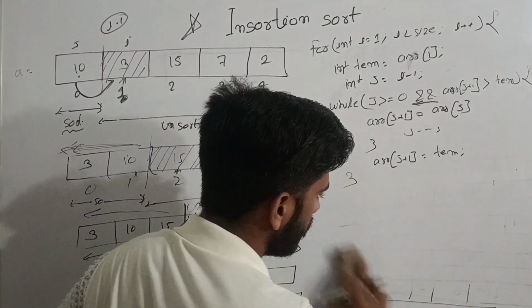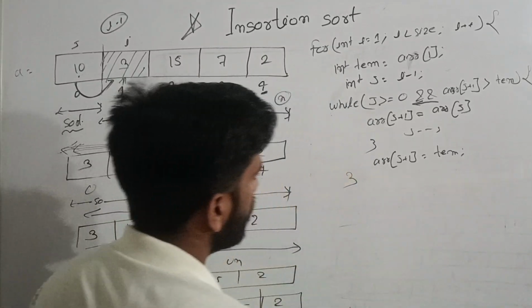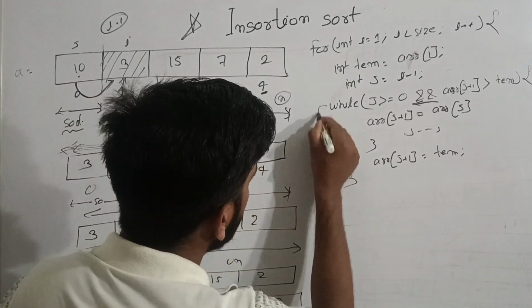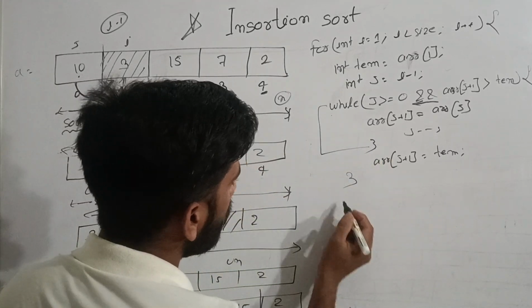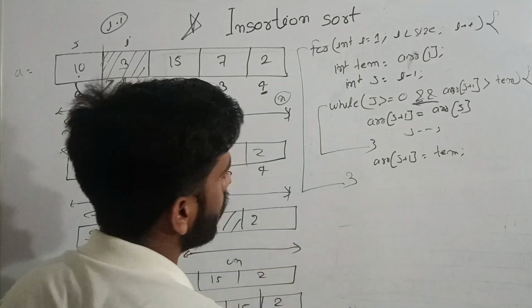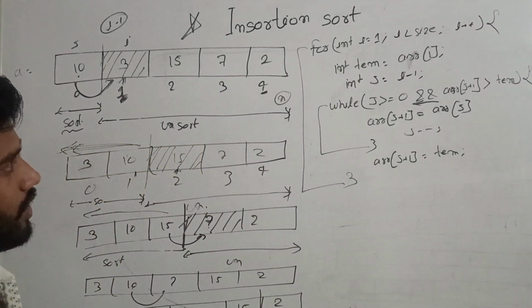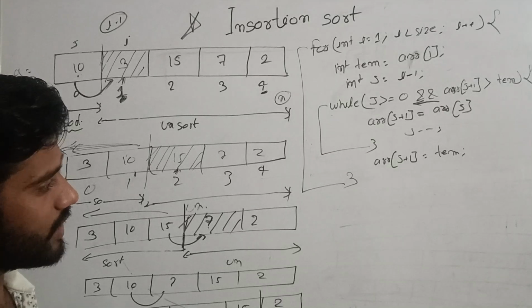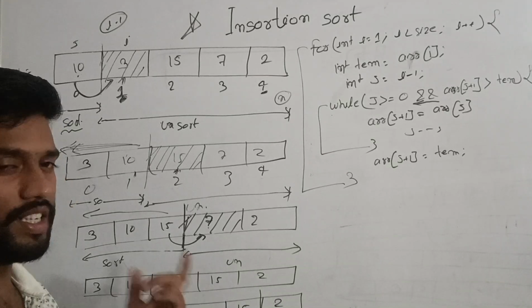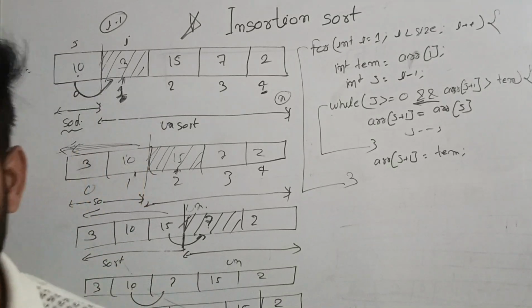This is the while loop, and this is the second for loop. Now we'll write this in our system. Let's run it in our system.